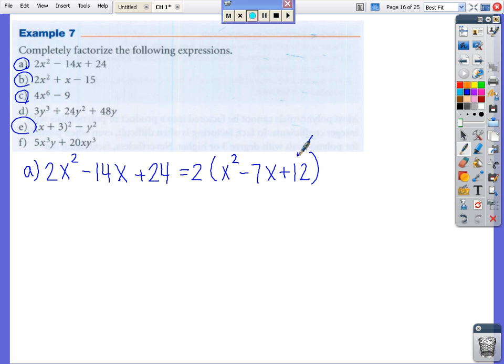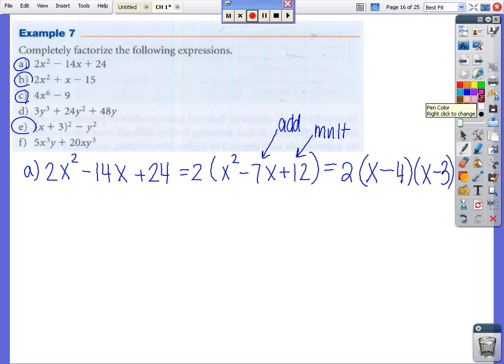And I need two numbers that multiply to this number, but add up to this number. The two numbers would be x minus 4 and x minus 3. And if you multiply back out, distribute, you'll get your original question back again.